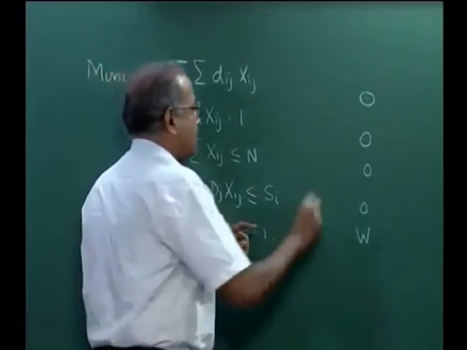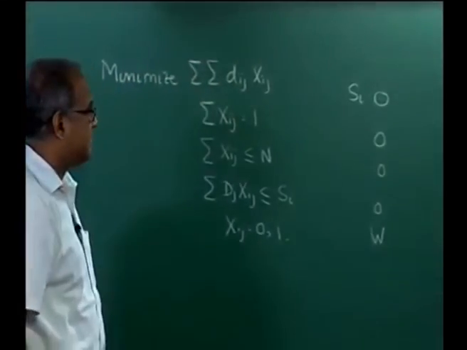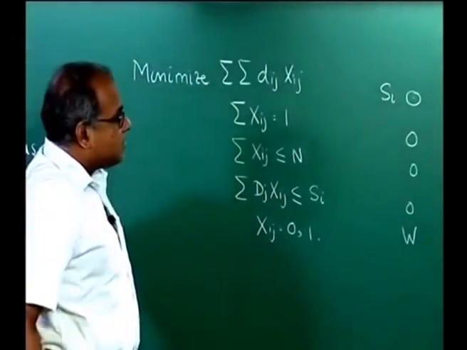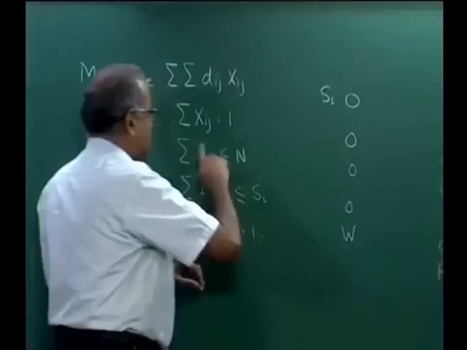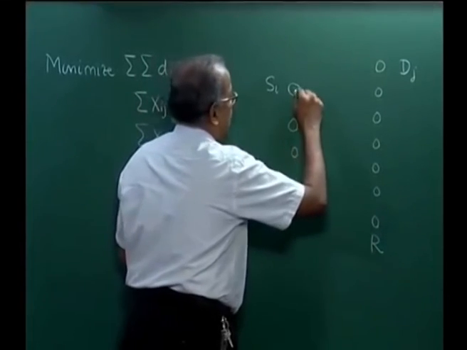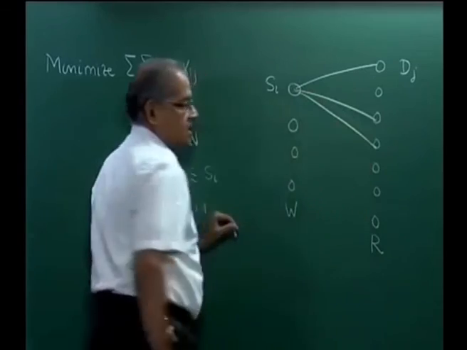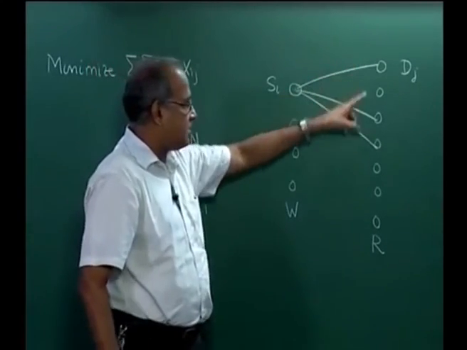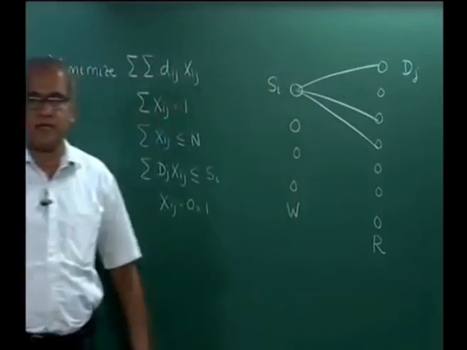Now, there is a supply from each one of these, Si. Now, we are going to assign each of these retailers to this. For example, we may have a solution like this, where we would say that retailers 1, 2 and 4 get their supplies from supply Si.